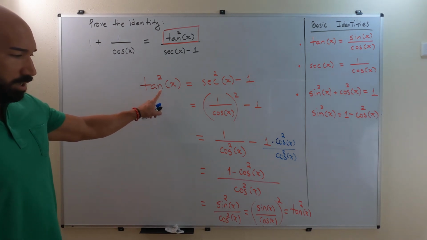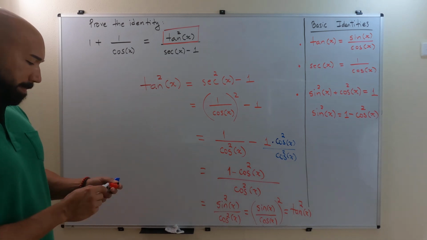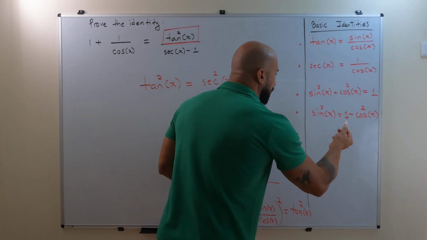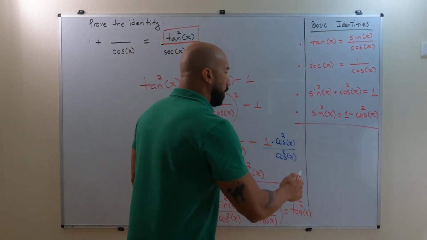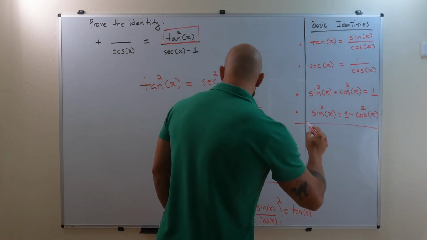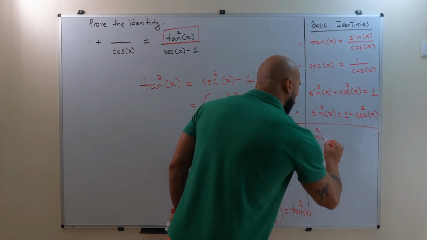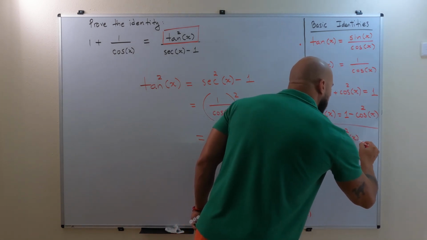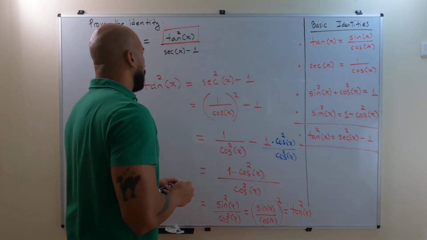That is what we claimed from the beginning. Alright? So we have this not too basic identity, and maybe many of you already knew it. That is that tangent square of x is equal to secant square of x minus 1.